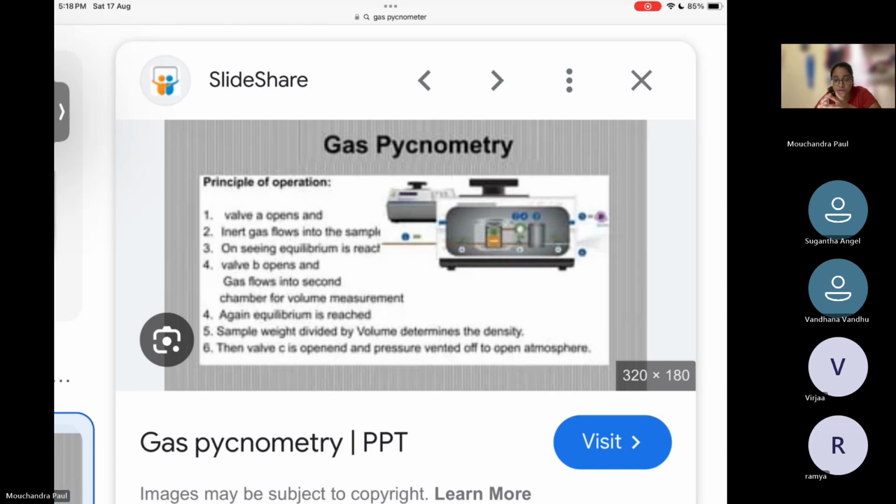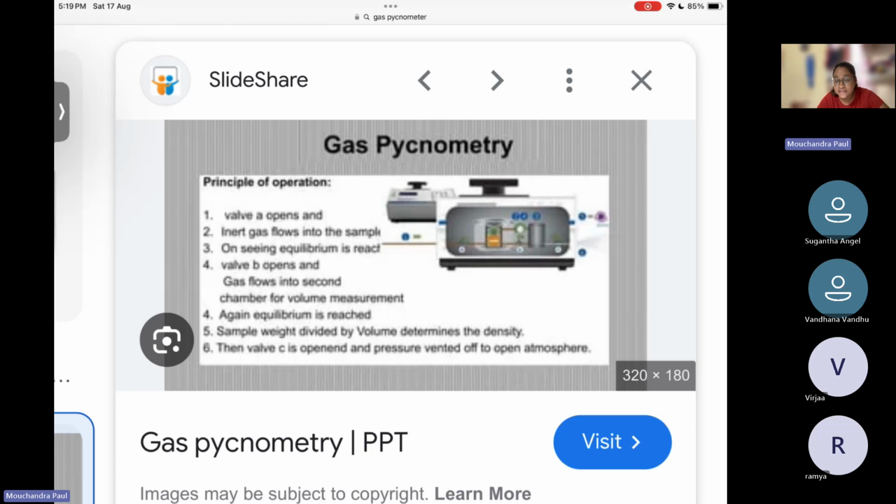So the difference between the initial sample with air and sample without air, inert gas, as I said, inert gas is used to fill the pores. That helps in determining the total volume of the void space inside the sample.